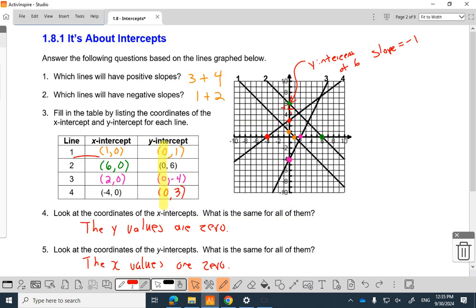In equation 2, if we make y 0, what's the x going to be? It's right there. 6? Apparently. Maybe you don't believe it. But if y is 0, x should be 6.